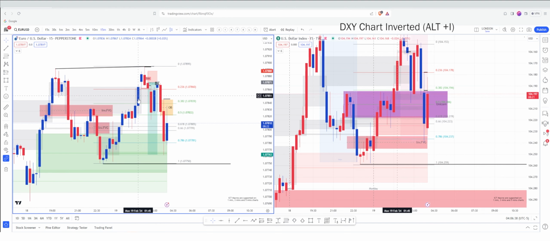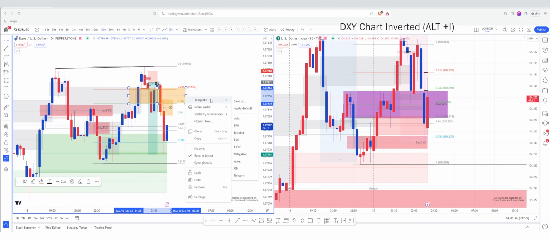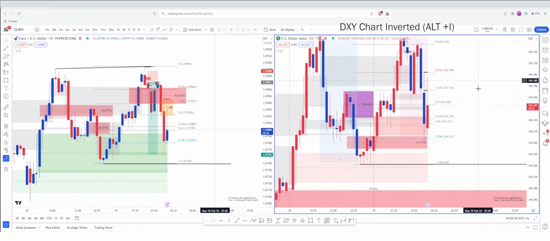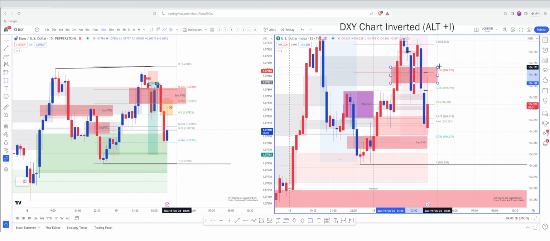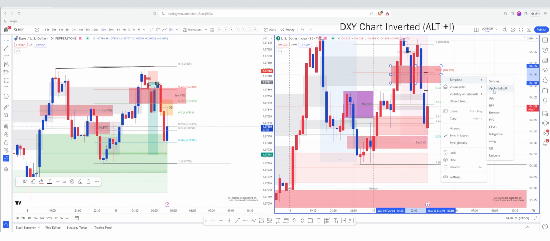We've got this 15-minute IFVG here. So that's overlapping the order block that we highlighted. And then likewise, Dixie has just tapped that IFVG.